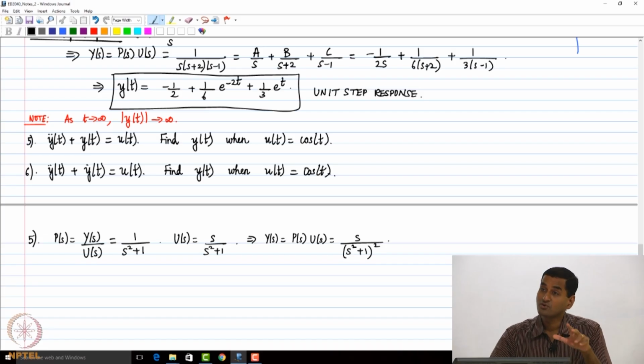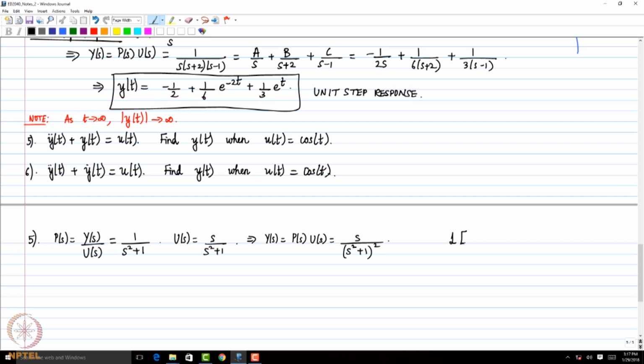If you recall, what was the complex differentiation theorem? It is essentially that the Laplace of t times f(t) is minus dF(s)/ds. So let us say I take f(t) to be equal to sin t. I know that the Laplace transform of sin t is 1 divided by s squared plus 1.